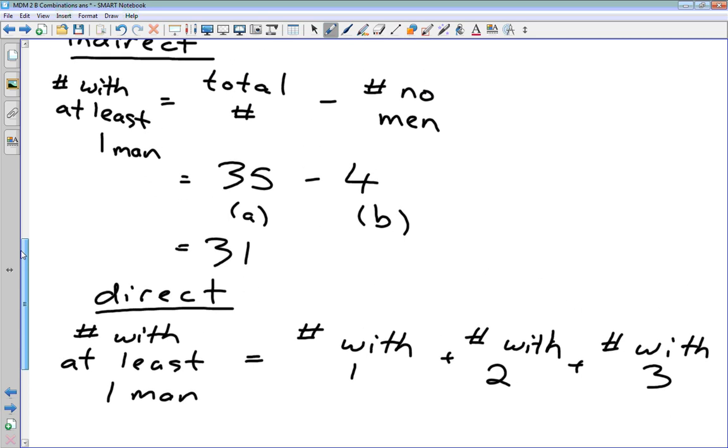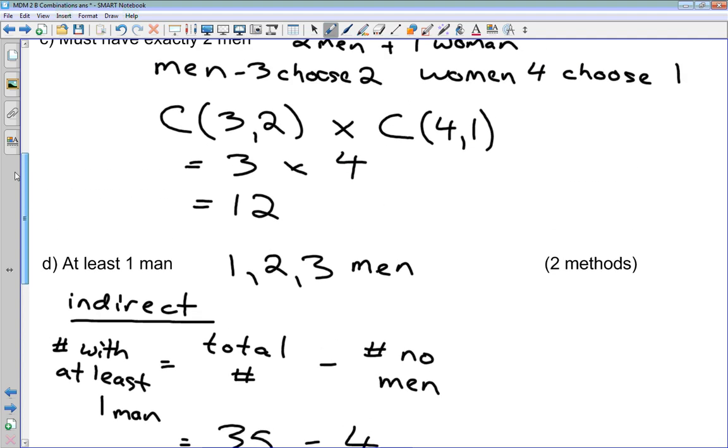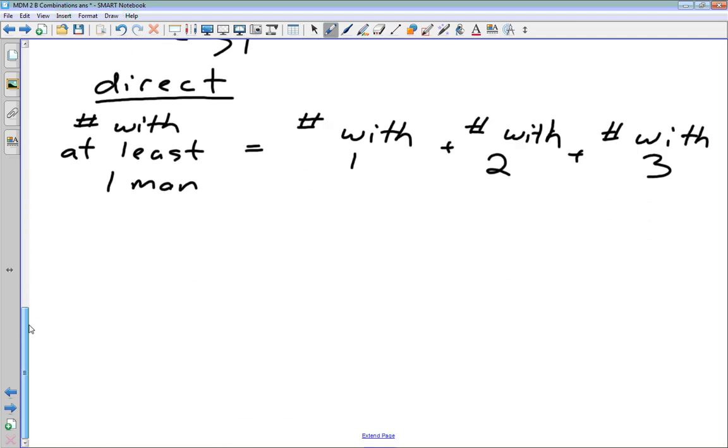Because each of these calculations, 1, 2, and 3, is going to involve a calculation similar to the one up here that we did in Part C. Because we have to think about how we can choose the men and how we can choose the women. So the number of ways that we can choose a committee with 1 man is, well, let's think of the men first. We have 3 men, and we want to choose 1 of them.